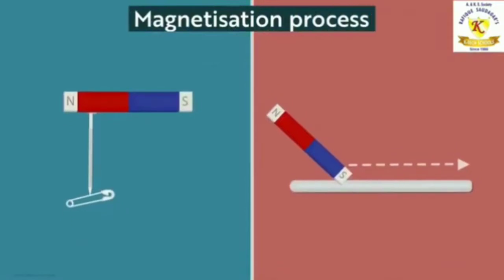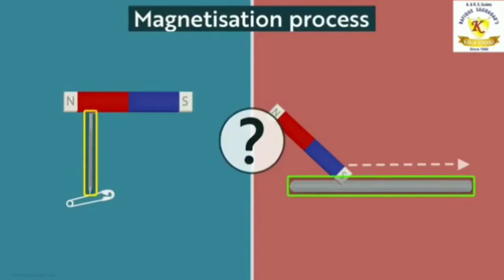Now, we have seen two easy processes used to make a temporary magnet. We use objects made up of ferromagnetic material such as an iron nail or an iron bar. What do we know about magnets?